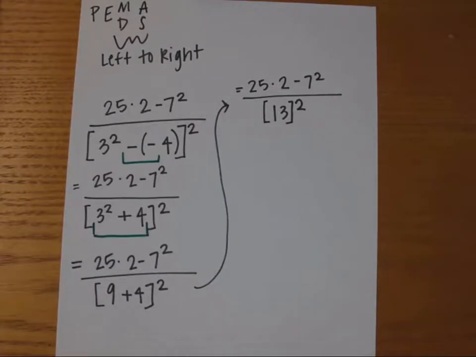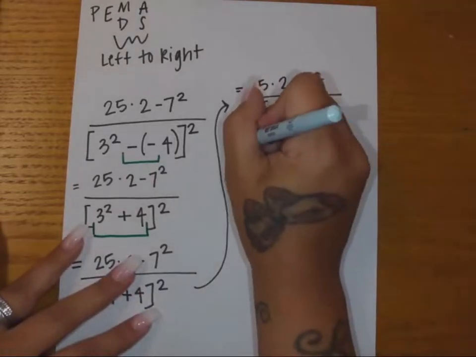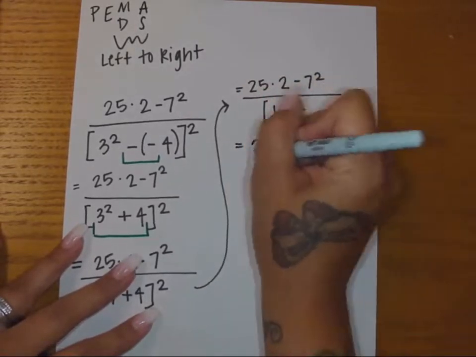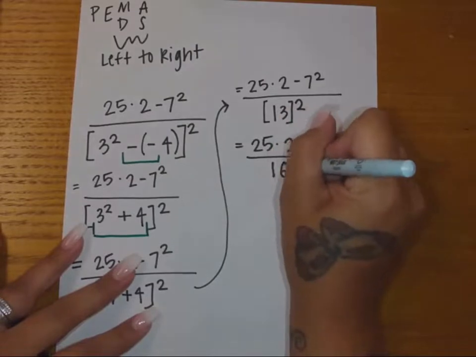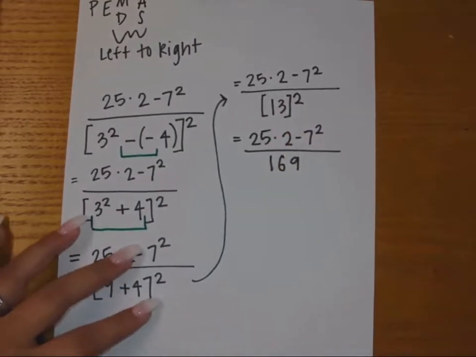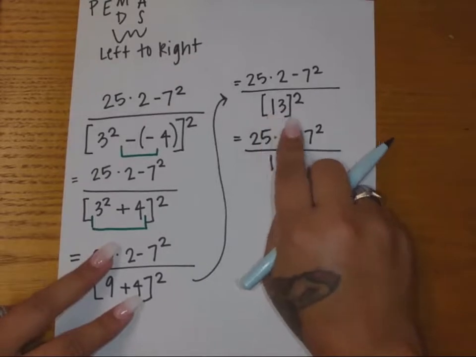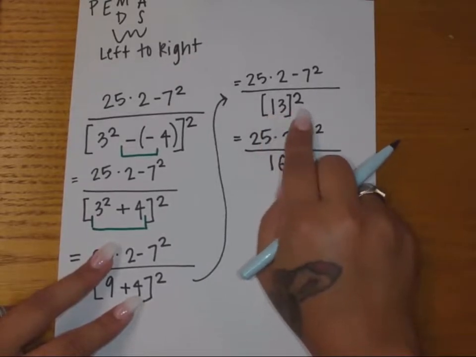Using our order of operations, we still haven't completely finished with our parentheses yet. If you use your calculator and do 13 squared, you would get 169. So we have 25 times 2 minus 7 squared over 169. If you notice what we did here, we finished using what was in the parentheses, but it was also doing our exponent.